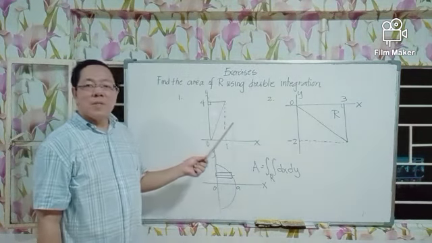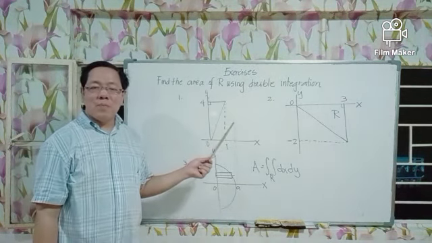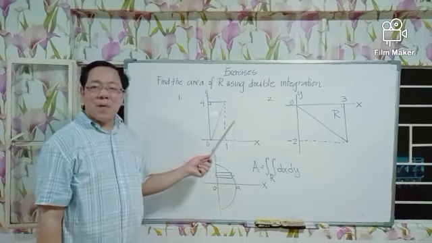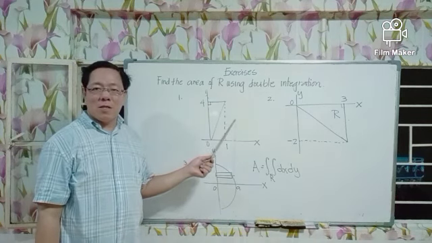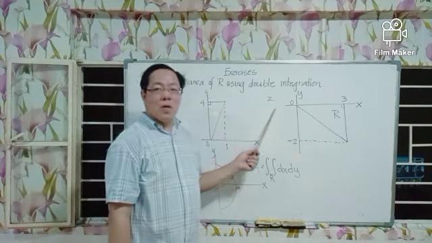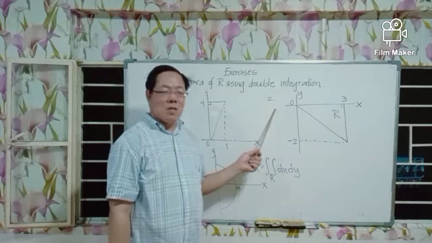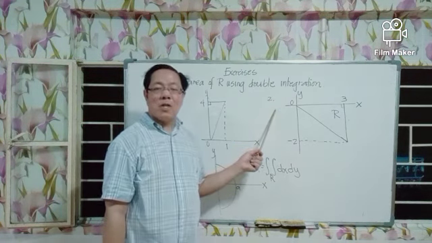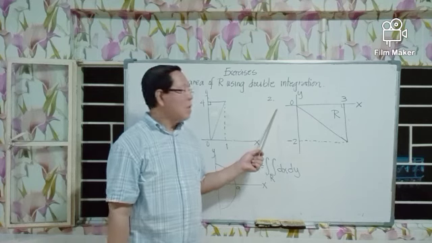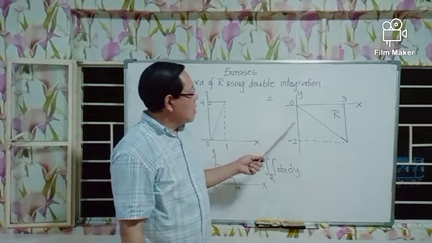And you may use either a vertical strip or a horizontal strip. Number 2, also find the area of this region, which is a triangular plane region in the xy plane.